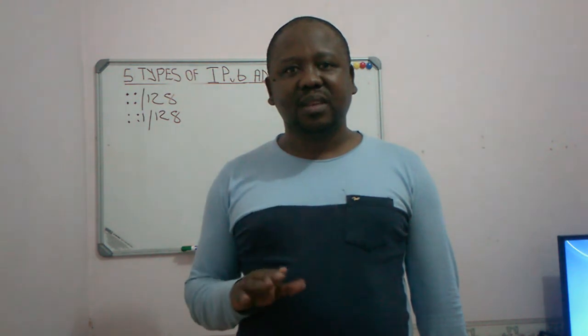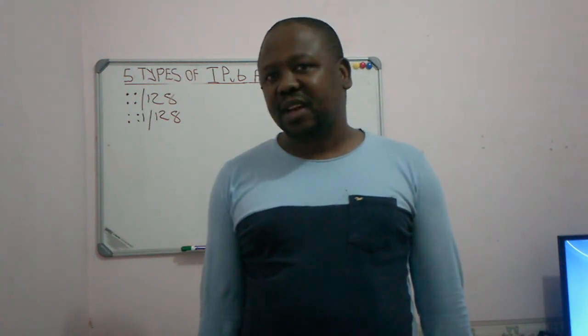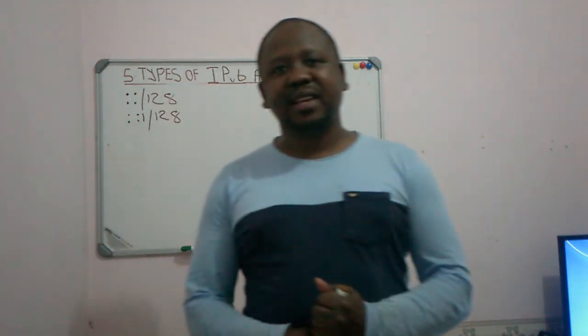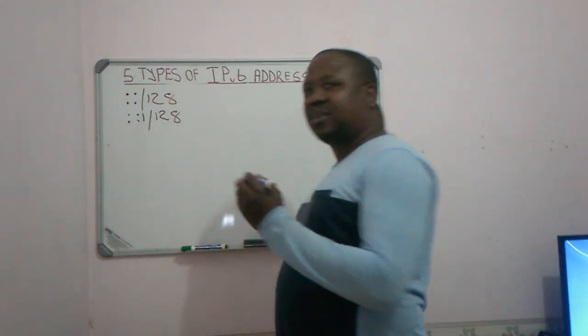But in IPv6, there's nothing like that. It's been phased out, since in IPv6 we have a lot of addresses. So every device gets its own global IP address, similar to IPv4 where every device gets its own public address. It is identified by the first 3 bits.